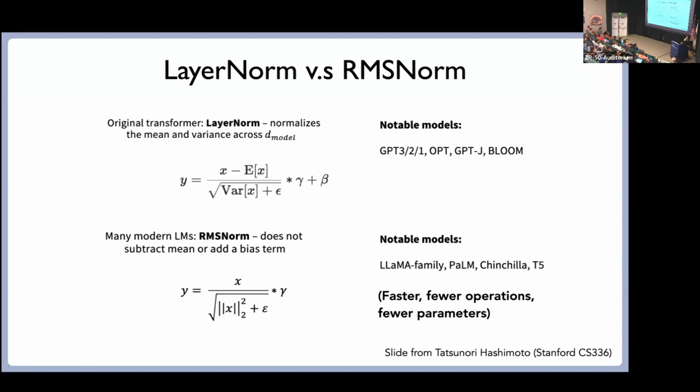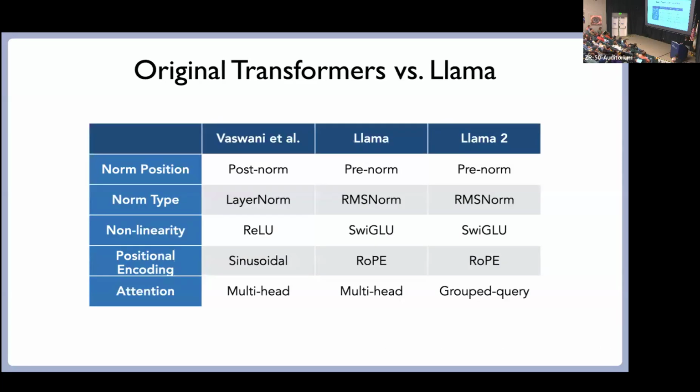But other than these two, as I mentioned earlier, different model architectures make slightly different choices on how exactly they implement transformers. I have a brief table that compares the original transformers, Llama 1, and Llama 2. You can see that for norm position, they converge to prenorm.